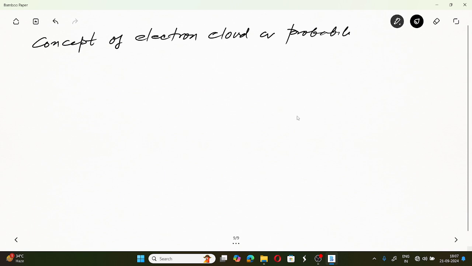Next, we will discuss the concept of electron cloud, or probability of finding an electron, from the uncertainty principle.